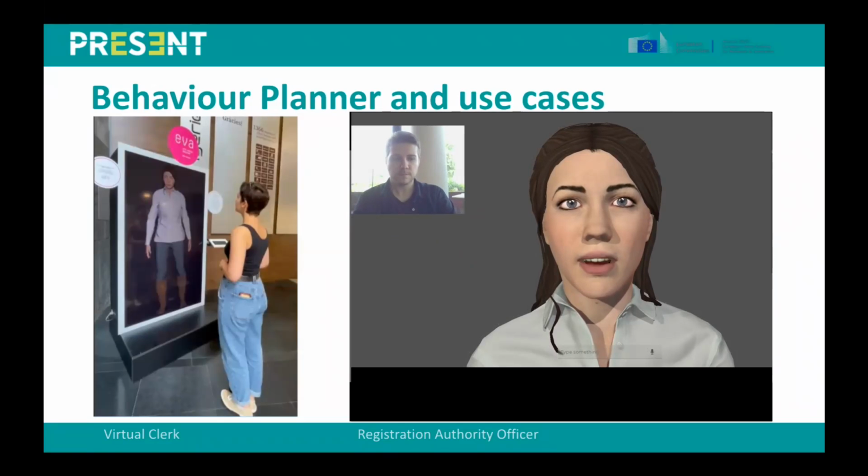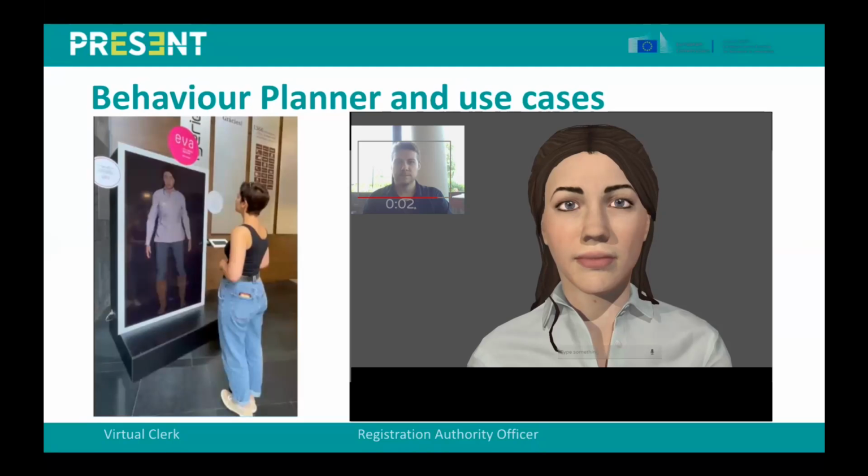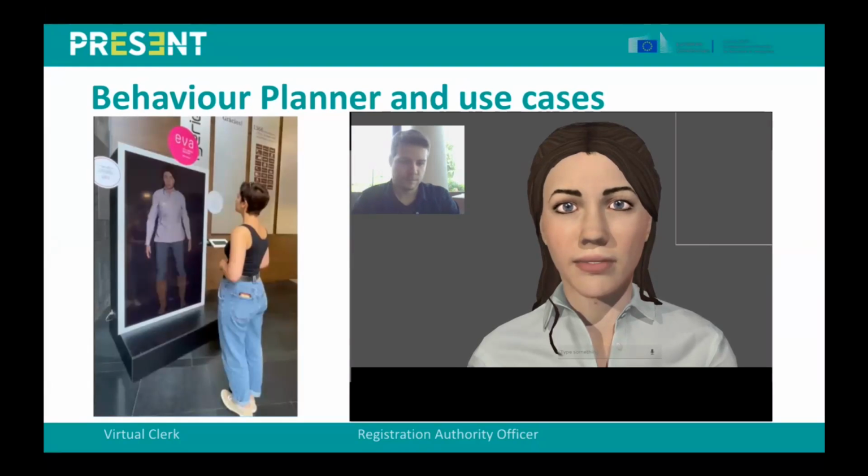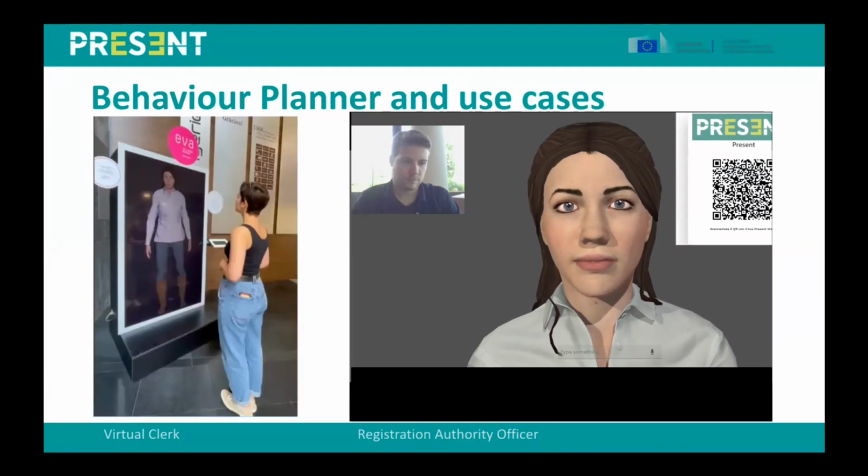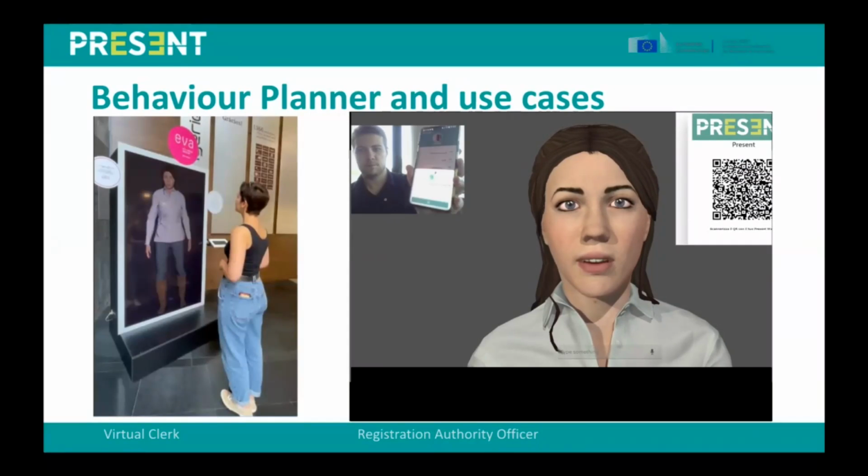Now I need to take a picture of your face. Okay. Please open your app and scan the QR code you see on the screen. Please wait a few more seconds.